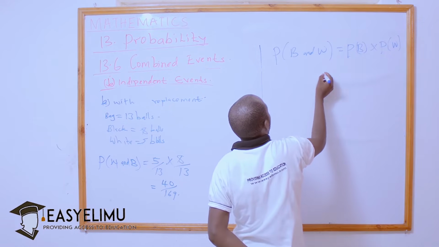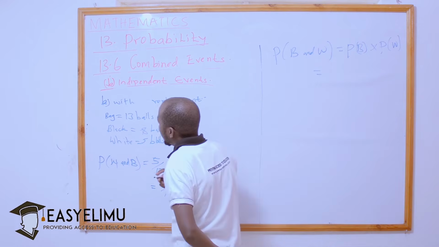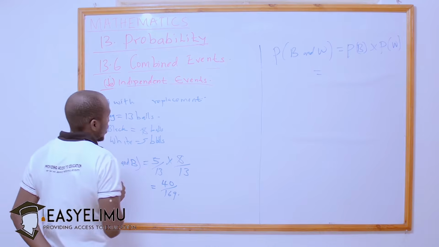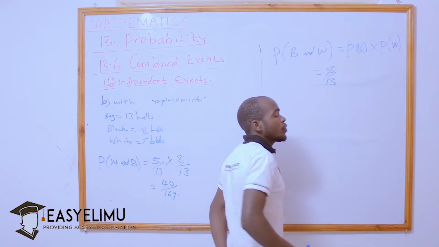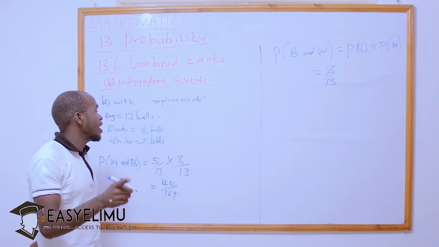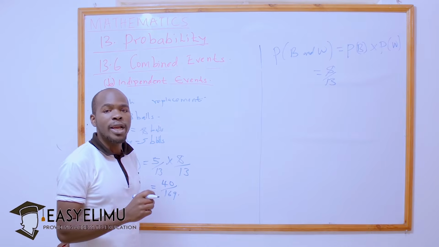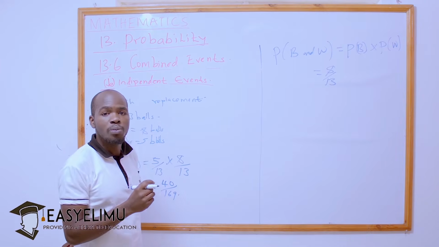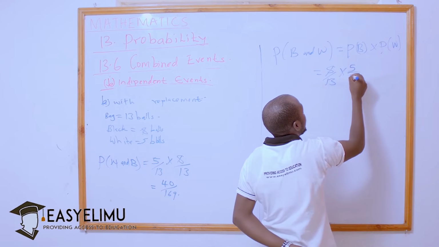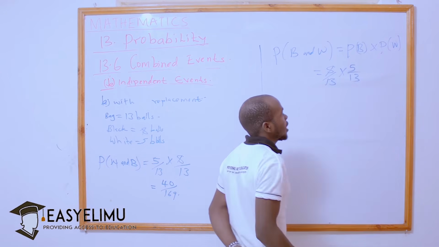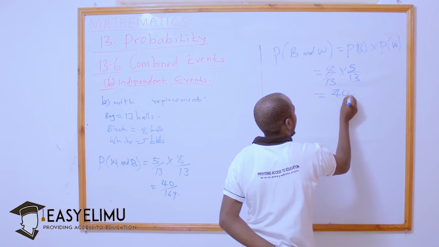The probability of picking the first black will be 8 over 13. But since we said with replacement, the ball you picked you take back into the bag, to make the remaining number, which was 12, now 13. So picking white will also be 5 over 13, and that gives you 40 over 169.